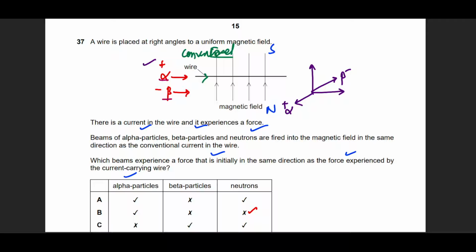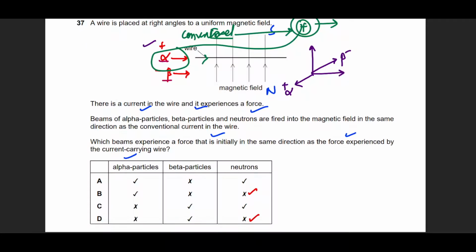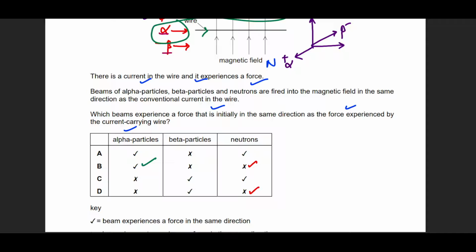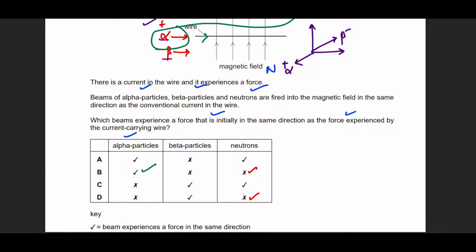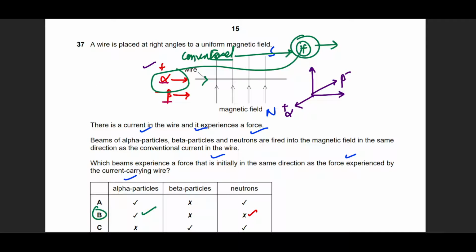The conventional current says that positive charges are moving from the battery, completing the circuit and coming back to the battery, which of course we understand is the wrong idea today, because we understand that the electrons are doing the job. But since conventional current deals with the movement of positive charges, I understand it's wrong, but that is how physics has been moving since then. So the positive charge relates most closely to the alpha particle. So the alpha particle resembles the conventional current, and hence my answer should be option B.